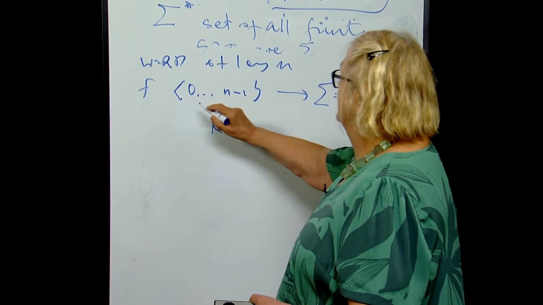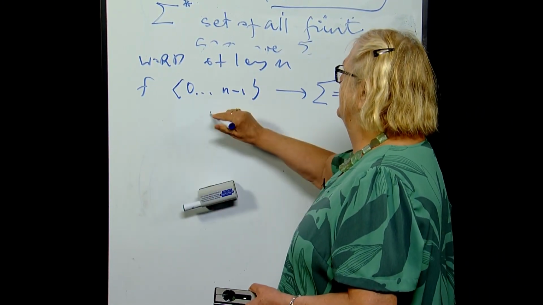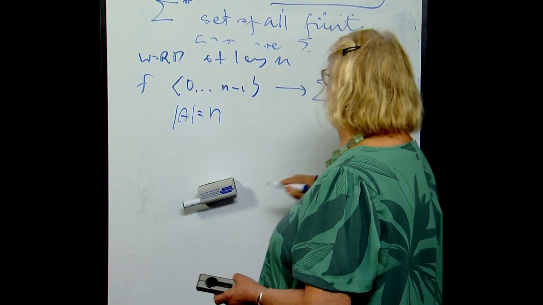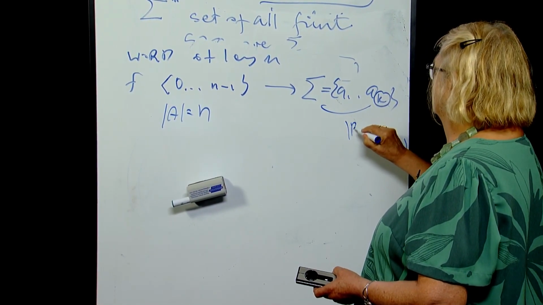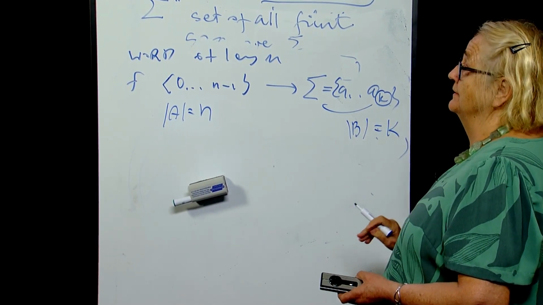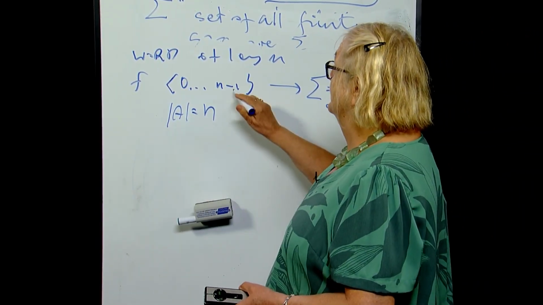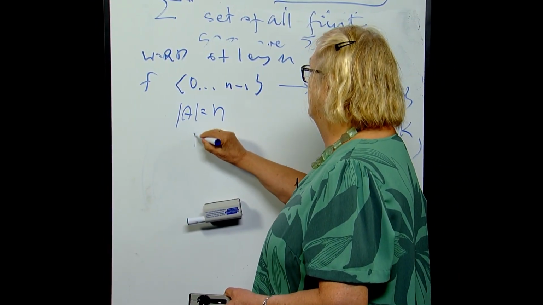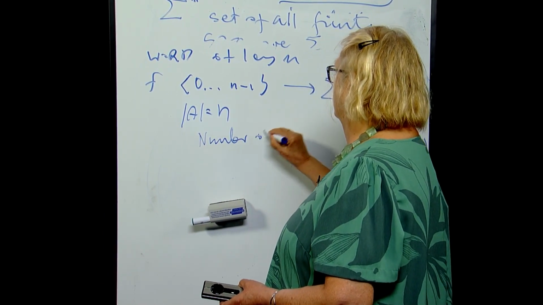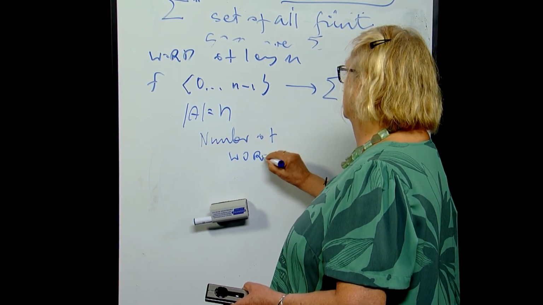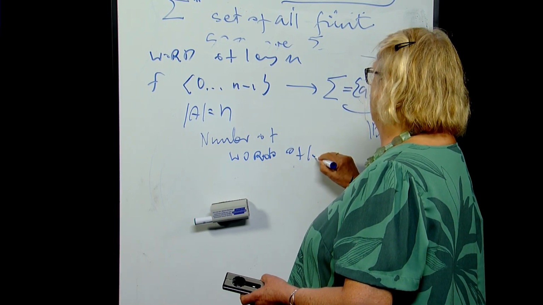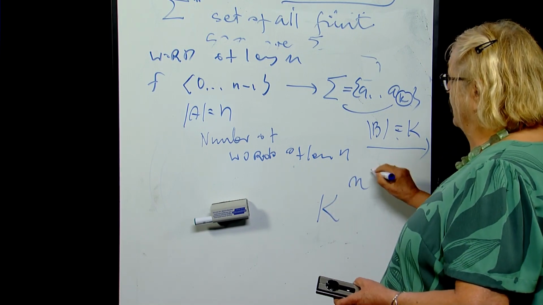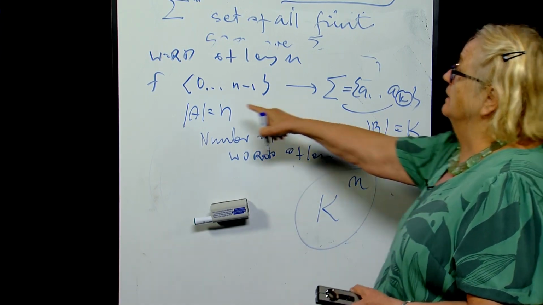If you count, this set A has n elements, and this set B has k elements. So the number of words of length n would be k to the power n, by the counting of functions, b to the power a.